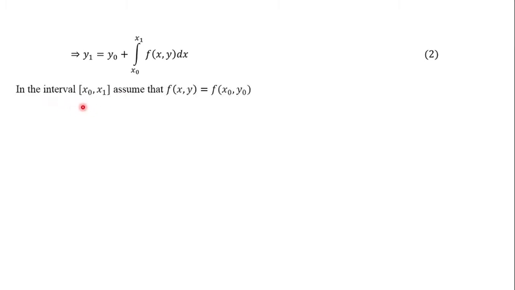Now in the interval x0 to x1, let us assume that f of x, y is nothing but f at x0, y0, which is free from x, so that will come outside of this integration. Then equation 2 becomes y1 is equal to y0 plus f at x0, y0 as it is, and the integration of dx within the limit x0 to x1.